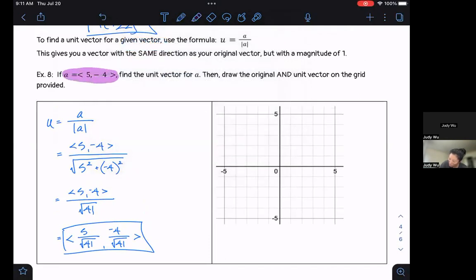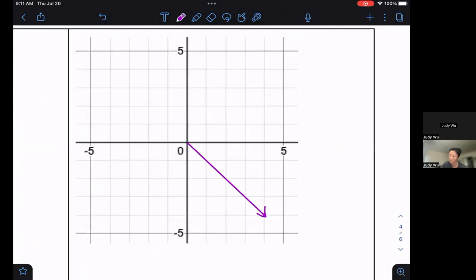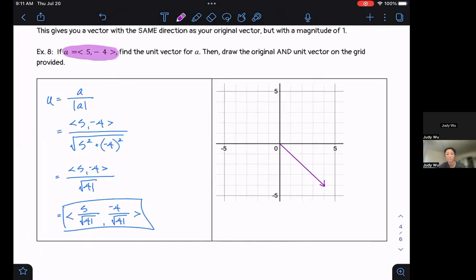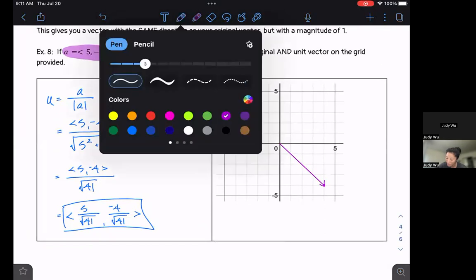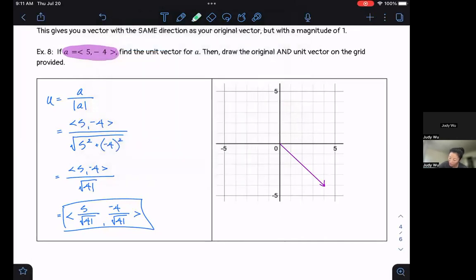In the purple, I'm going to draw the original vector. So 5 over and down 4 means that my original vector looks something like this.